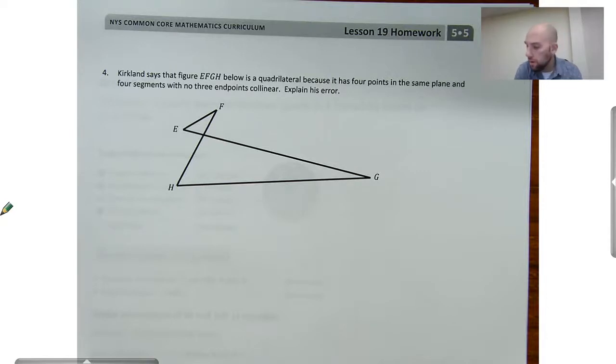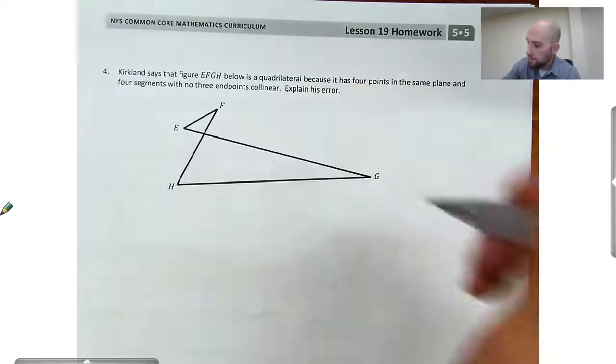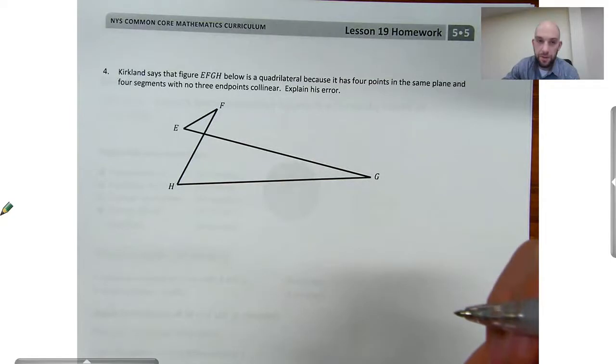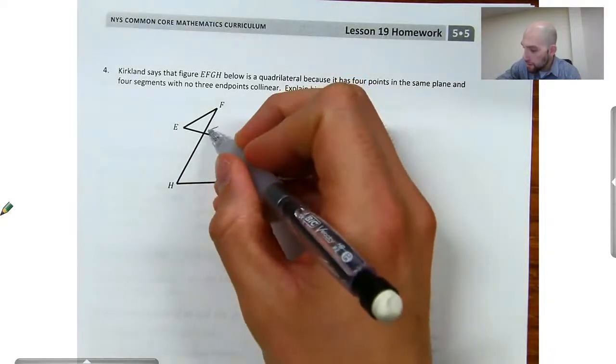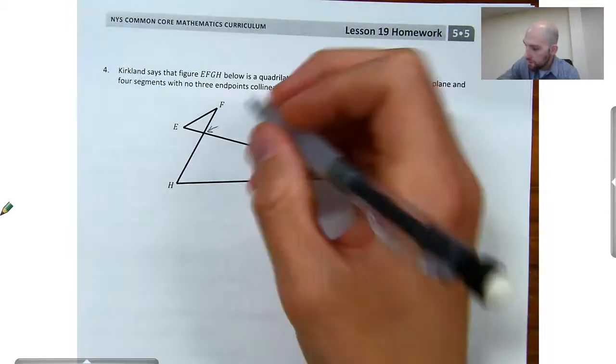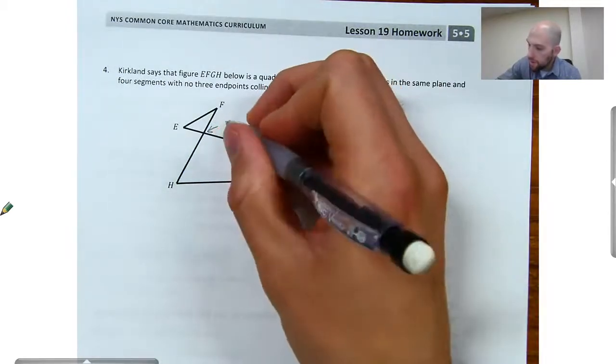So this does have 4 line segments, and even though it has 4 line segments, it's not a quadrilateral. Right here, our lines cross.